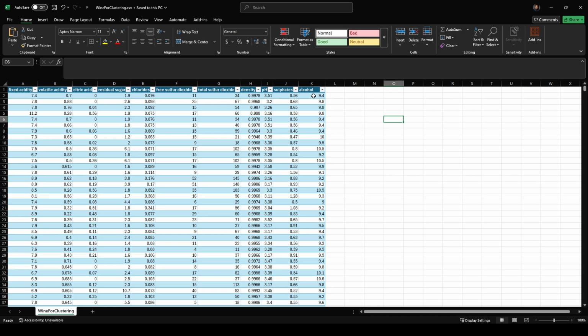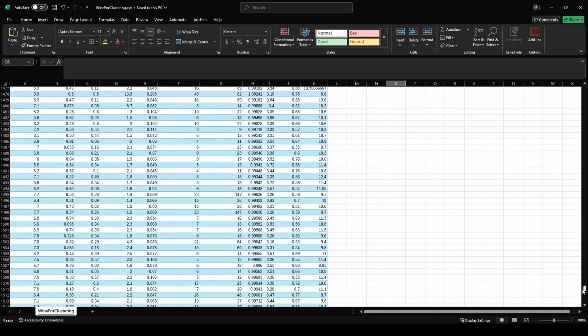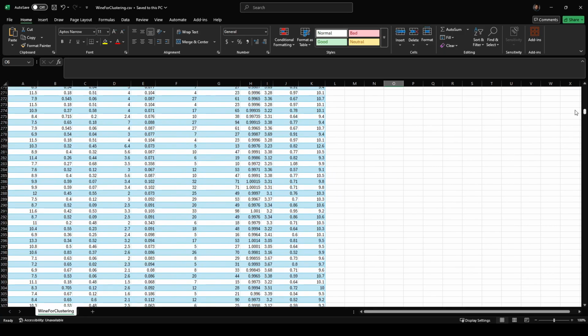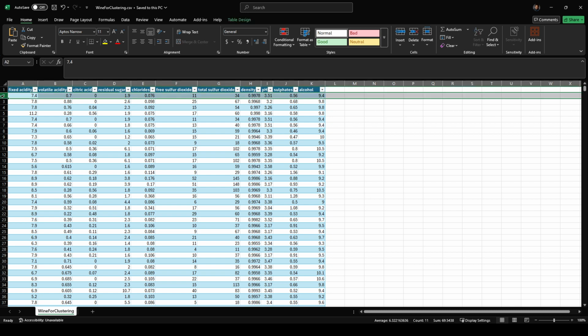This data set describes close to 1600 different red wines, and each data point over here corresponds to one single wine with its corresponding characteristics.